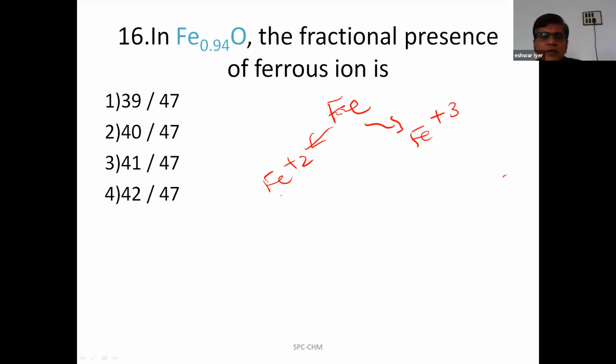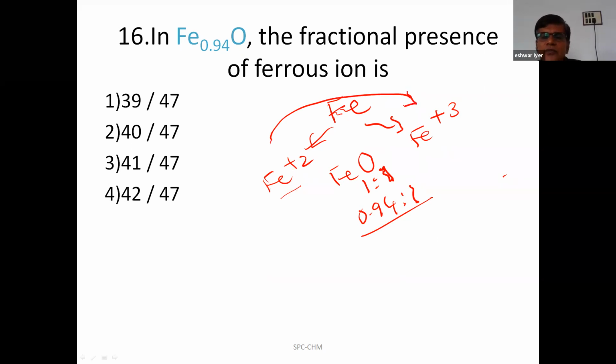If all the ions are ferrous, the formula of the ferrous oxide would be 1:1. Now it is given 0.94:1. So the number of ferrous iron ions has reduced because some of the ferrous ions have been converted to ferric ions. Easily ferrous gets oxidized to ferric.